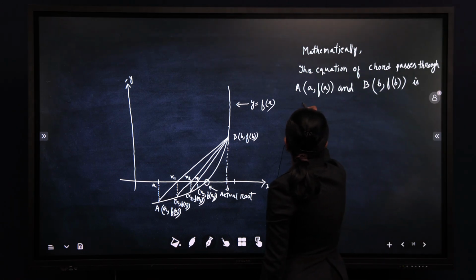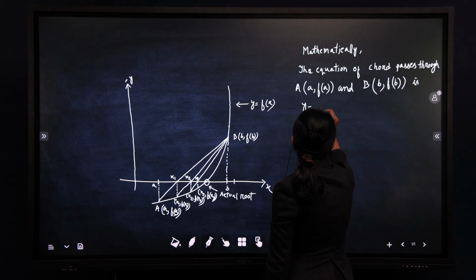So this is y minus y1. What is y1 here? y1 is f of A.